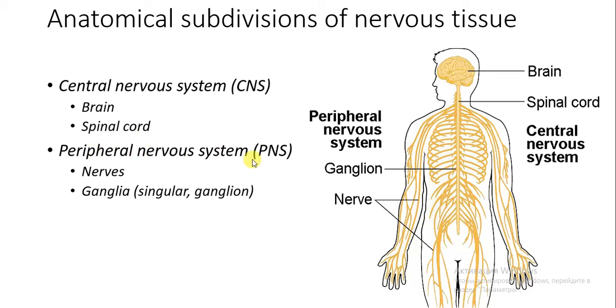And the peripheral nervous system is composed of nerves and ganglia, which are always composed of effector or afferent neurons, like sensory neurons. This is the peripheral nervous system, composed of nerves and ganglia.